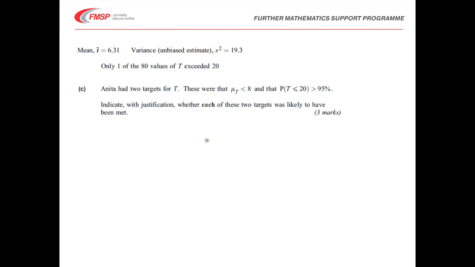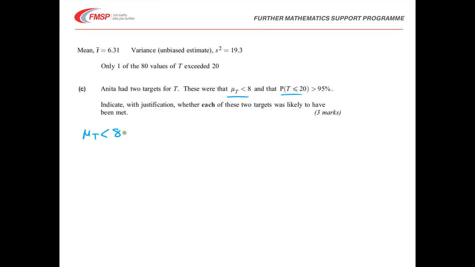So in part C, Anita has two targets for t, and these were that mu must be less than 8 and that the probability of t being less than or equal to 20 exceeds 95%. And what we've got to do with justification is say whether each of these targets is likely to be met. So let's consider mu t being less than 8.